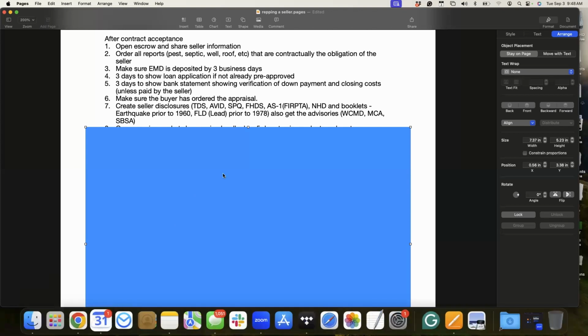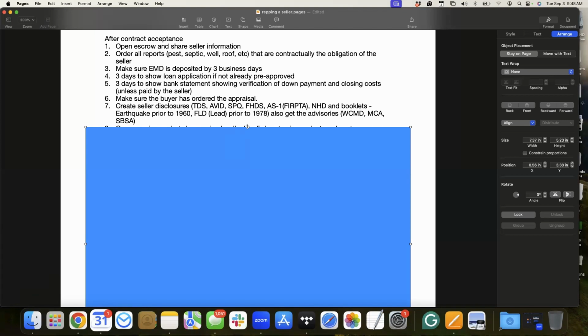Again, it's there for their information. That's why it's an advisory. What's the difference between an advisory and a disclosure? Isn't an advisory just advising, and a disclosure is like a mandatory thing? A disclosure is usually very specific to the property, right?